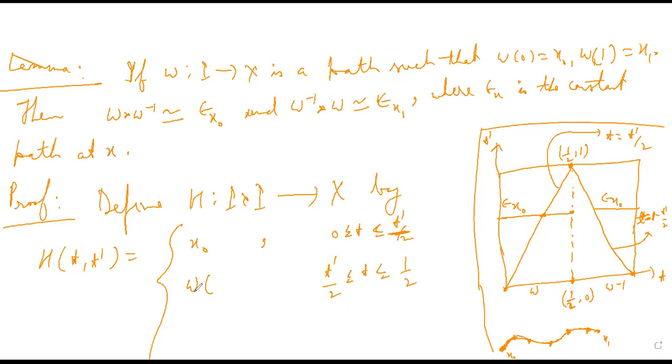So what we'll do, we translate t goes to t minus t prime upon 2.